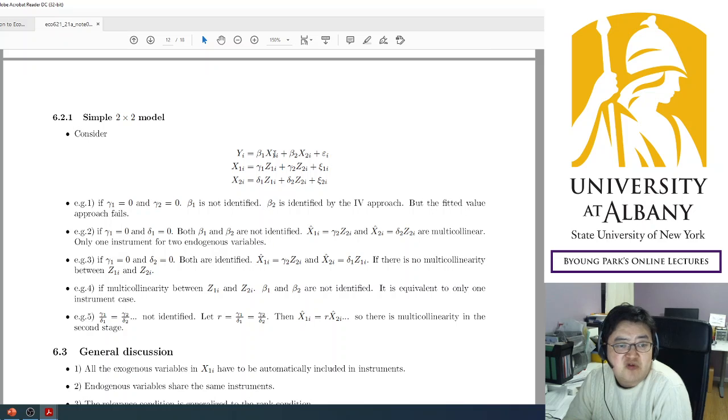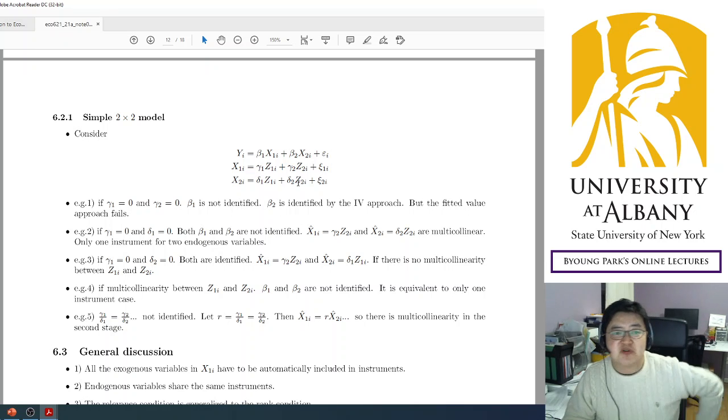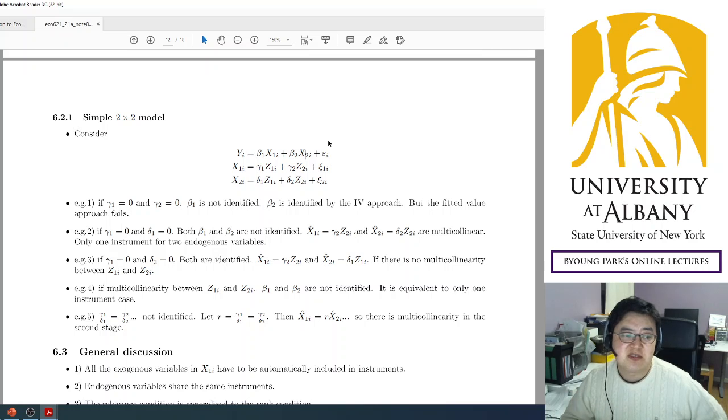So there are two endogenous variables, y equals to x1 and x2, and x1 is determined by z1 and z2. x2 is also determined by z1 and z2. And they have their own coefficients. So it's a triangular equation system.